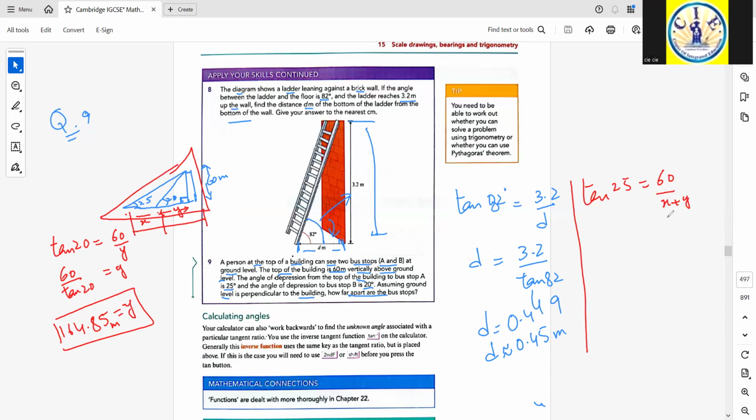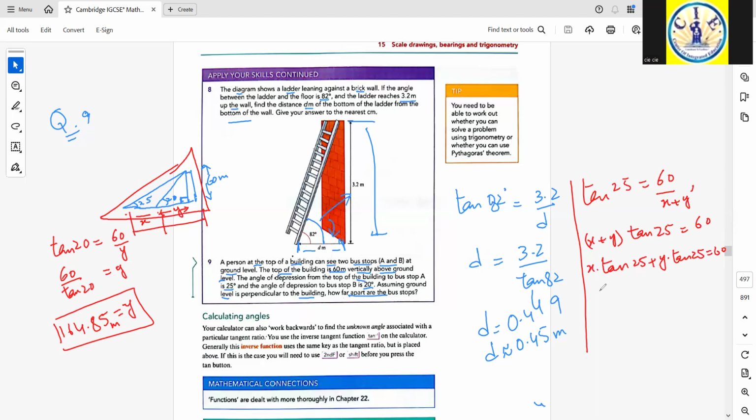So we can substitute the value of y at this place, or tangent 25 will be multiplied by x plus y. And let me multiply it and open the bracket using the distributive property, x tangent 25 plus y times tangent 25, that is equal to 60.